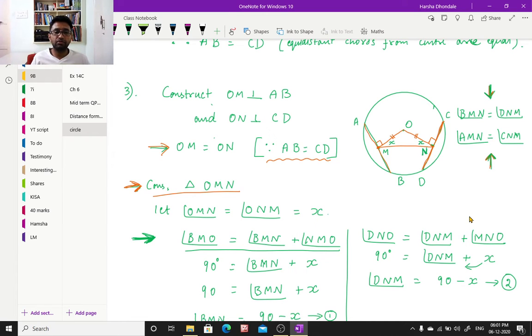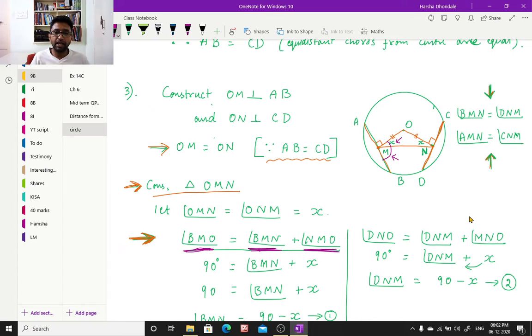Now with this information, the next step will be angle BMO, which is this entire angle. This entire angle is equal to this part plus this part, angle BMN plus X. So I'm writing angle BMO equals BMN plus NMO.